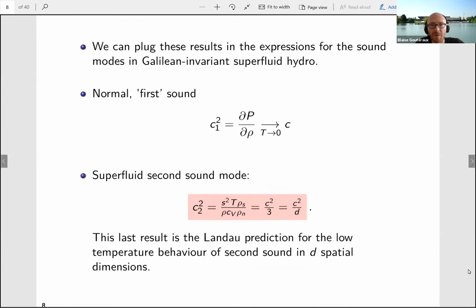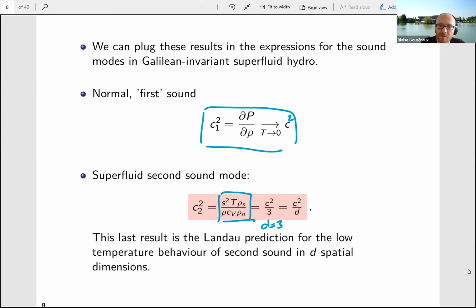Now you can plug these results into the expressions for the sound modes in Galilean invariant superfluid hydrodynamics. For normal first sound, this is what you would get: the first sound mode goes like c squared. And the superfluid second sound mode, c2 squared, which has this expression for Galilean invariant hydrodynamics, goes like c squared over 3 in d equals 3, because this is for helium.